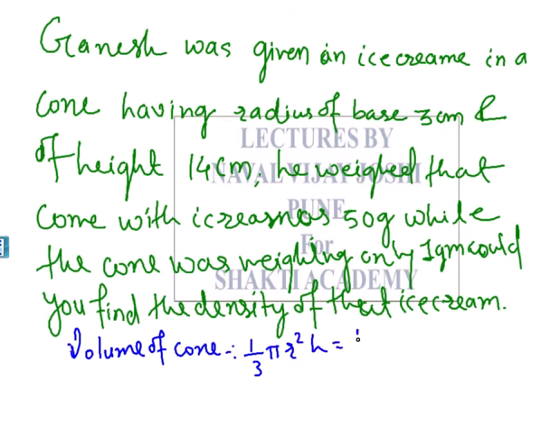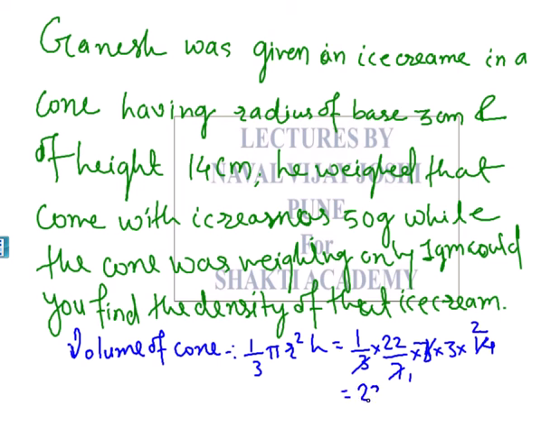Then 1/3 multiplied by pi, that is 22/7, multiplied by r square, that is 3 into 3, multiplied by h, that is 14. Okay, for our convenience we took all the units in the same system of units. So 3 ones are 3, 7 ones are 7, 7 twos are 14.